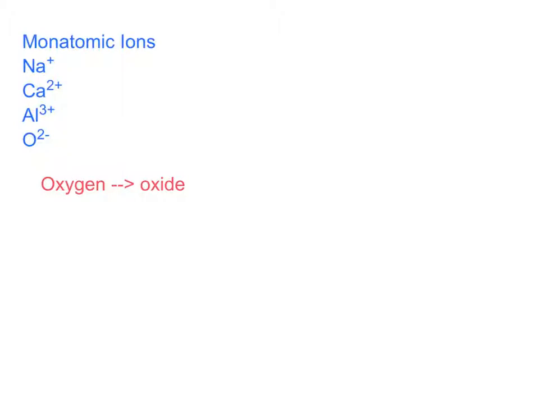If you take the elements in group 7A, such as fluorine, chlorine, bromine, and iodine, then when they become ions, the ending is taken off and it's replaced with "ide." So fluorine becomes fluoride, chlorine becomes chloride, bromine becomes bromide, iodine becomes iodide. So that's the rule for anions. All right, change the ending to -ide. For cations, you just name the ion the same as the element is called.